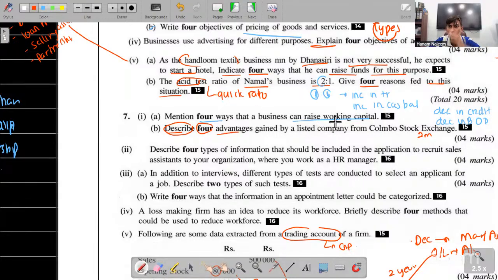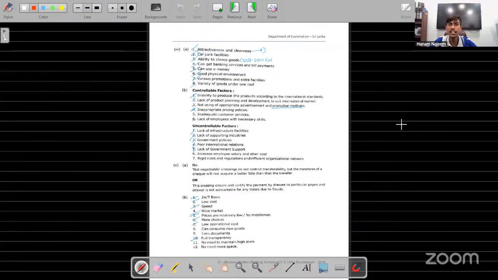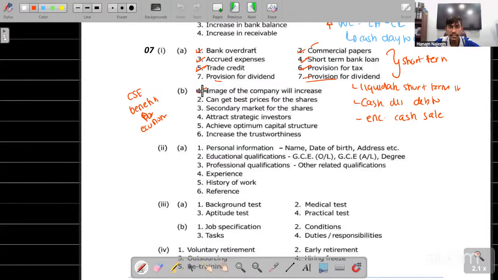Advantages gained by a listed company from the Colombo Stock Exchange. So for a company, what are the advantages they get when their company is registered in the stock market? One is the company's name will increase because now they will be called a PLC. They can get the best price for the shares because now their shares will have a value called market value.